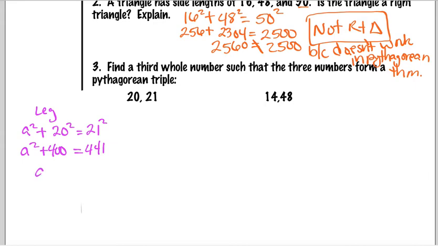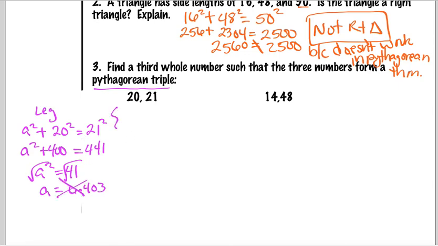We would continue solving and get a squared equals 41, and when you square root 41, you do not get a whole number. We would get a leg of about 6.403. This is not a whole number, so it does not work for a Pythagorean triple. So we are not finding the leg.